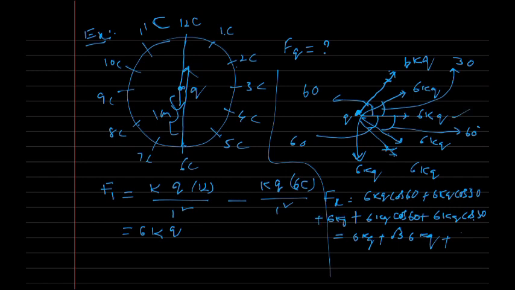Plus 6kq, that is equal to 12kq plus 6 root 3 kq, that is the x component.